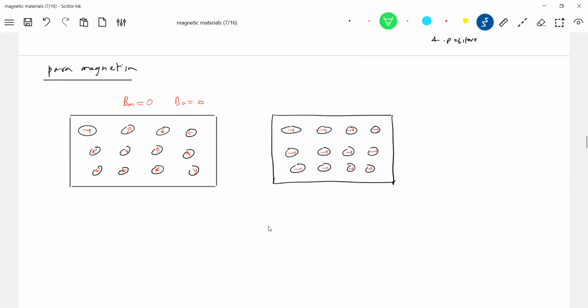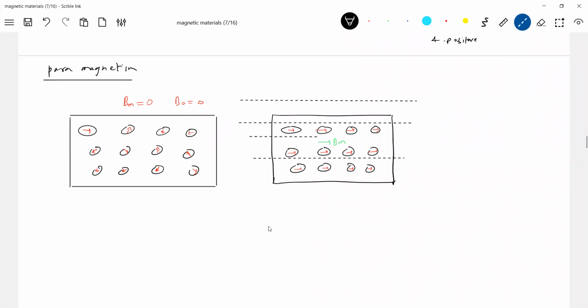And what is that Bm? Bm will be like this, and the external magnetic field I'll show by a dotted line; this is the direction of the external magnetic field. A small magnetism will be induced. Who contributes to this Bm? The orbital electrons as well as the electron spin.